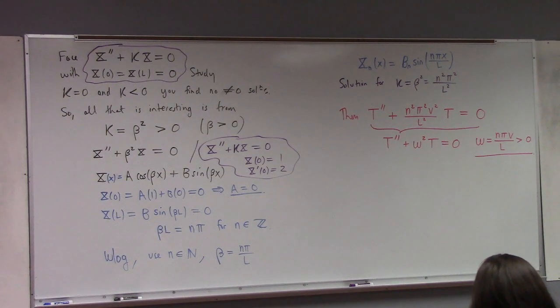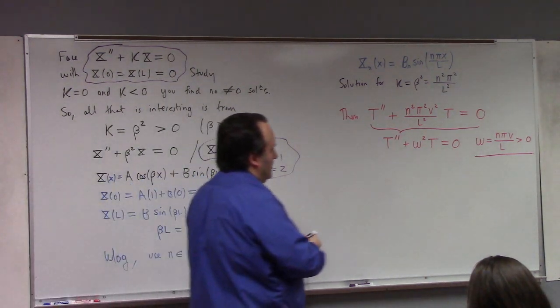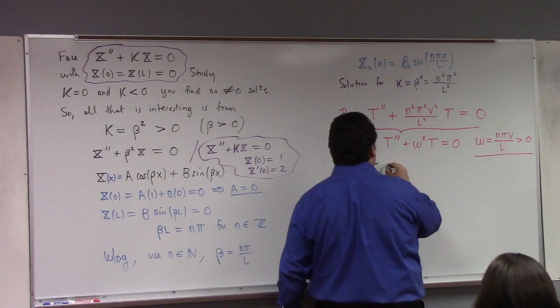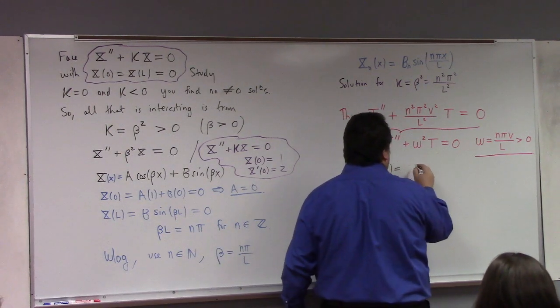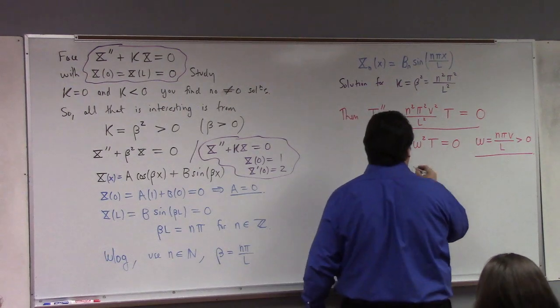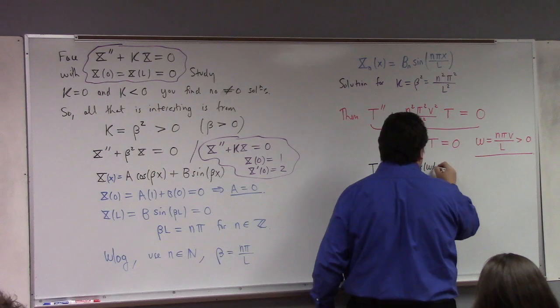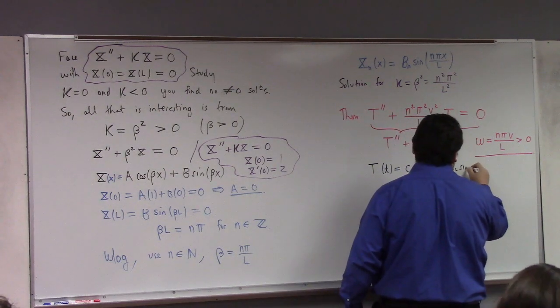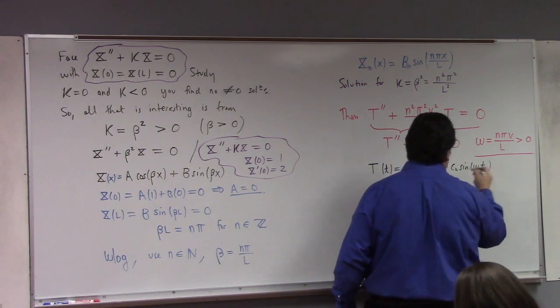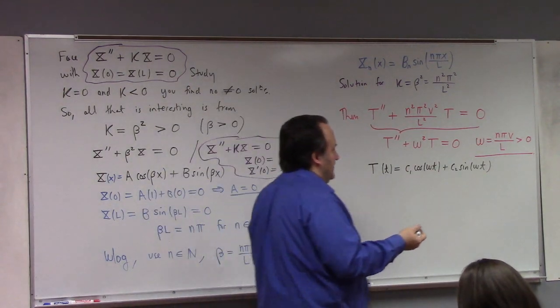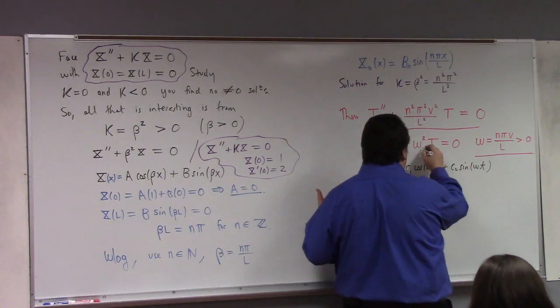So then you can solve this, right? The solution is T of t equal to something like C1 cosine omega t plus C2 sine omega t. Technically speaking, I should put a little omega sub n on this.